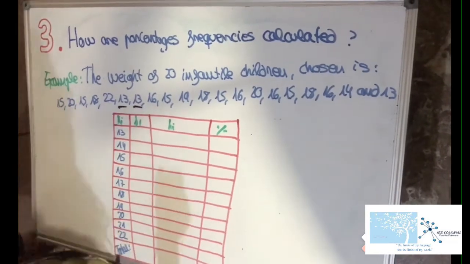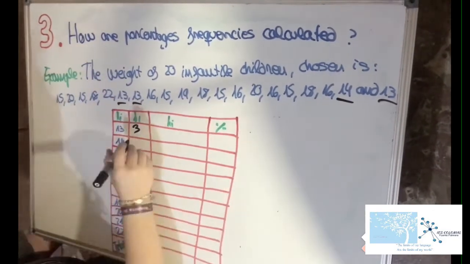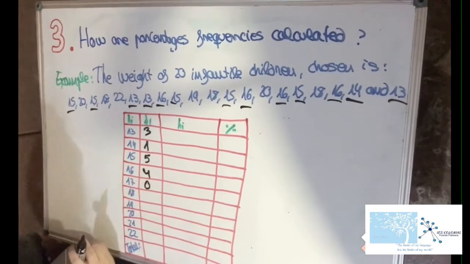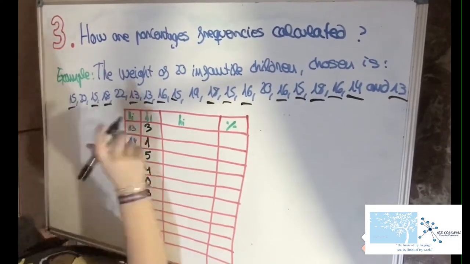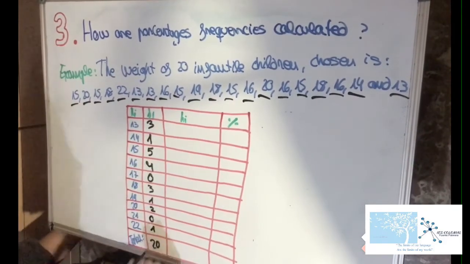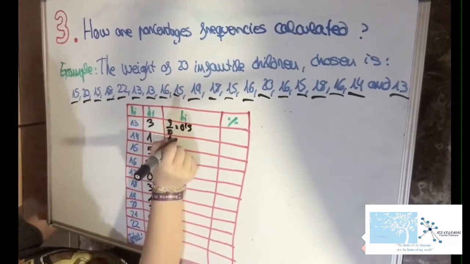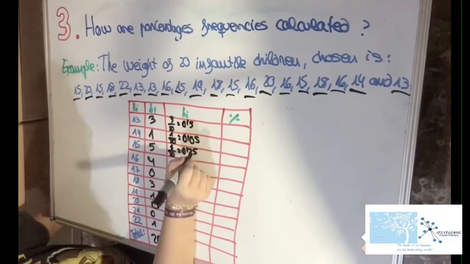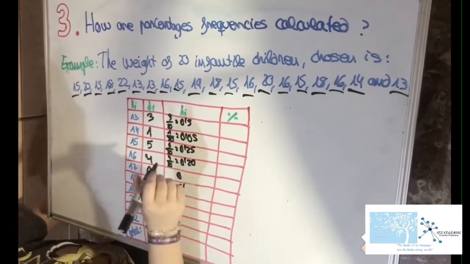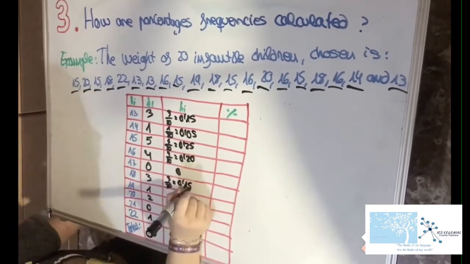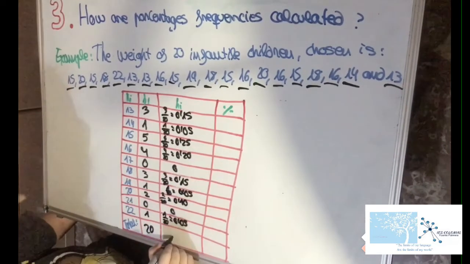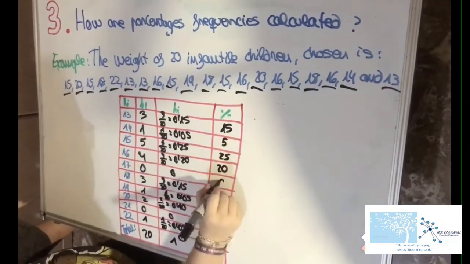Second, we put the absolute frequency. Third, we put the relative frequency. And finally, calculate percentage.